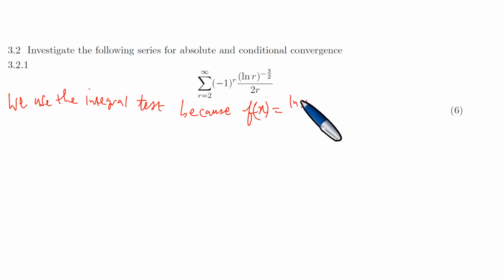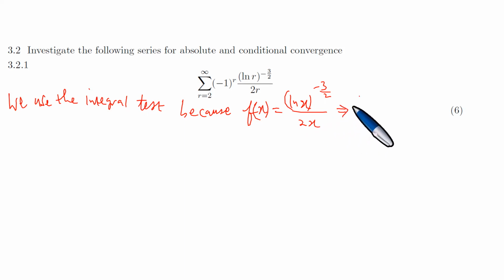So we change the r to x for purpose of integration. We leave out the minus 1 to the r, divide by 2x. We use the integral test because this one here implies that. Let's look at this.